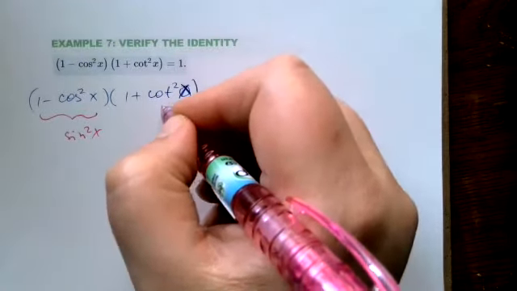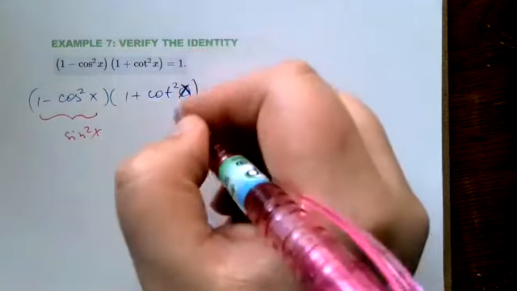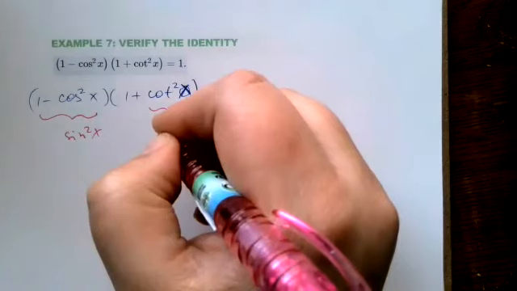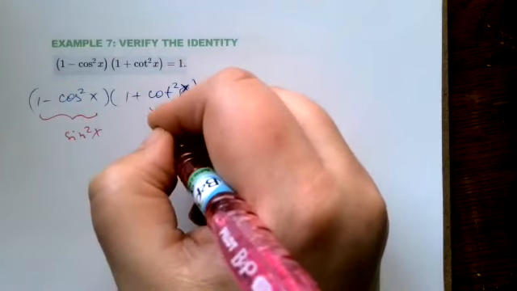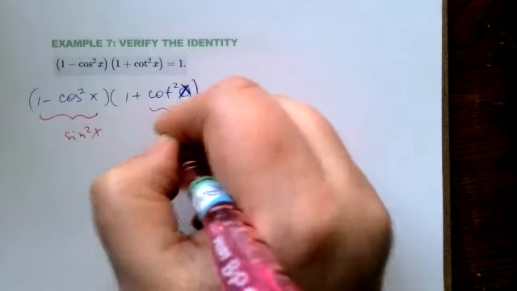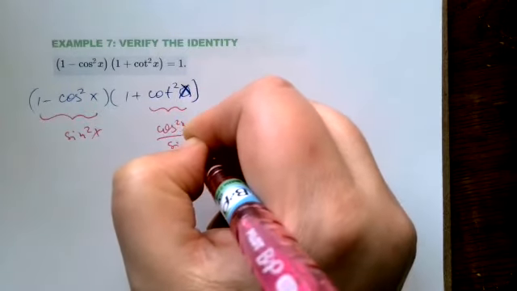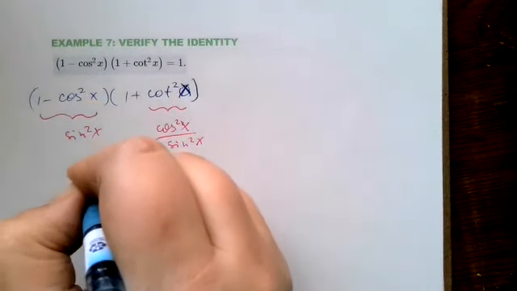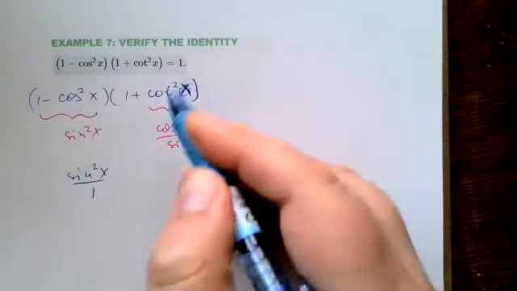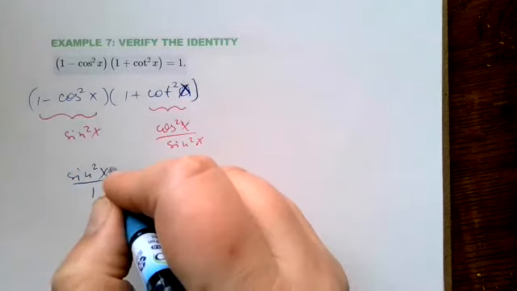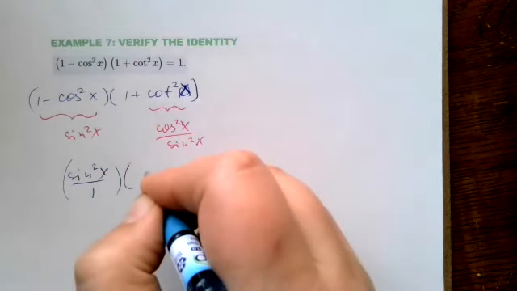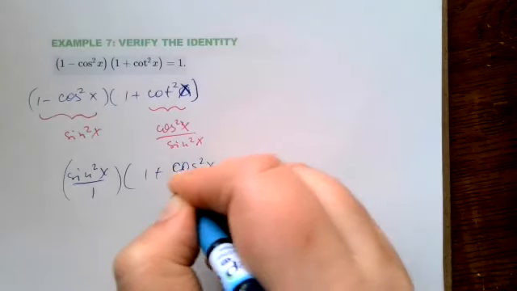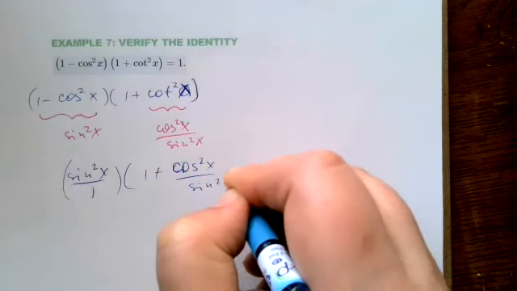Also, since I'm going to have a sine square x, I'm going to rewrite my cotangent square as cosine square x over sine square x. And what do I have? I'm going to have sine square x over 1, because I'm getting a fraction here, multiplied by 1 plus cosine square x over sine square x.